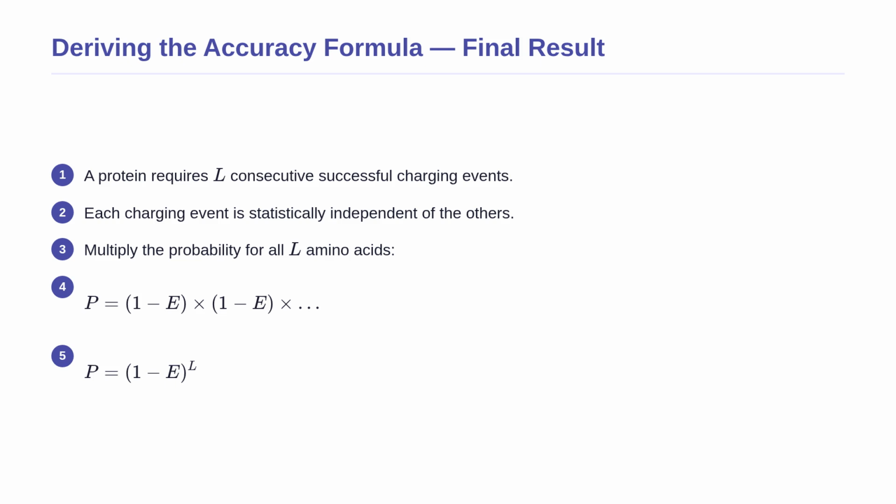So we multiply 1 minus epsilon by itself, repeating this multiplication L times. Mathematically, repeated multiplication is expressed as an exponent. This directly yields our final result. P equals the quantity 1 minus epsilon raised to the power of L. This highlights why enzymes must have incredibly low error rates.